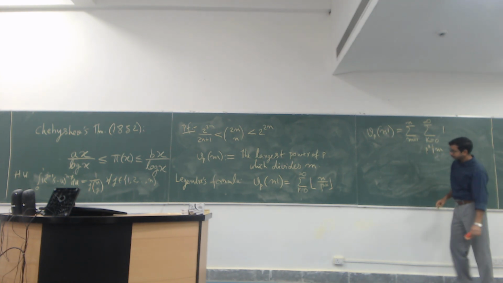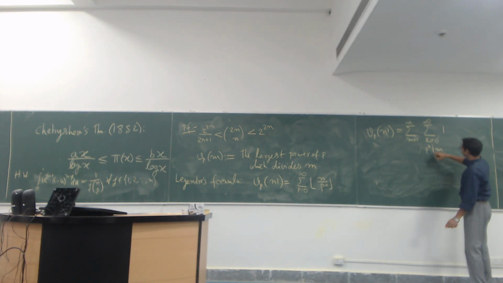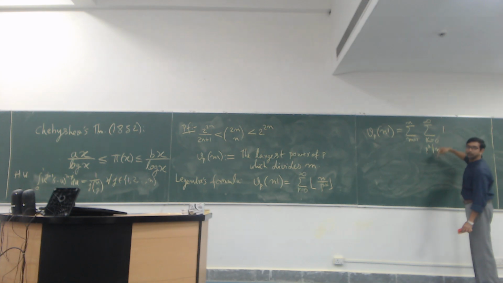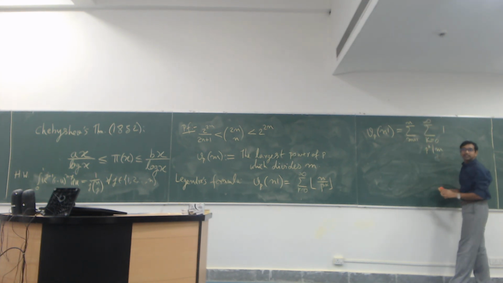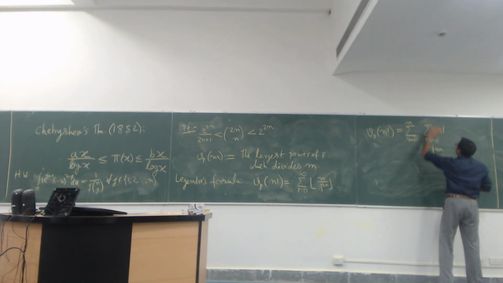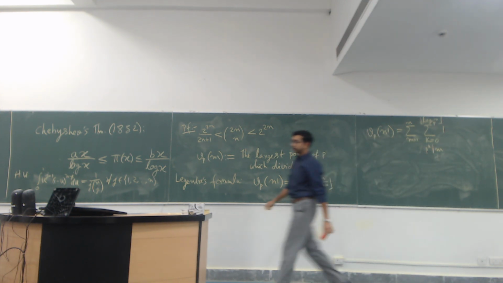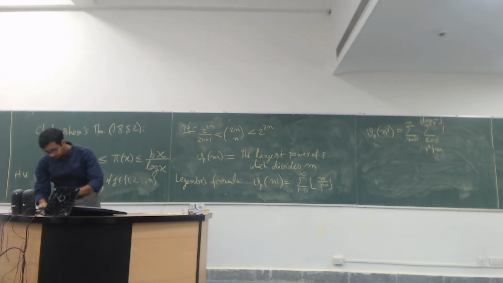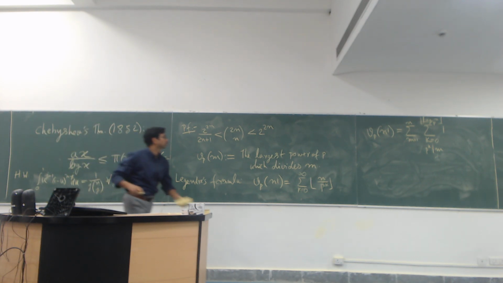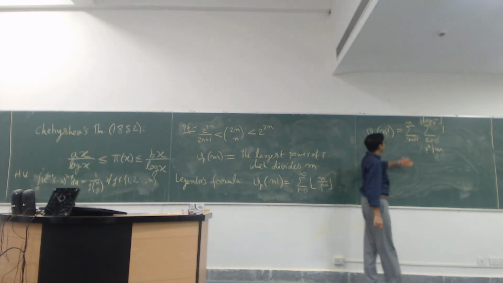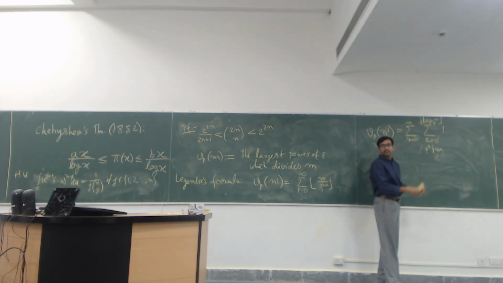But note that this k cannot be larger than log n base p. So this is not an infinite sum, but a finite sum. And since both of these sums are finite, you can interchange them without any problem.